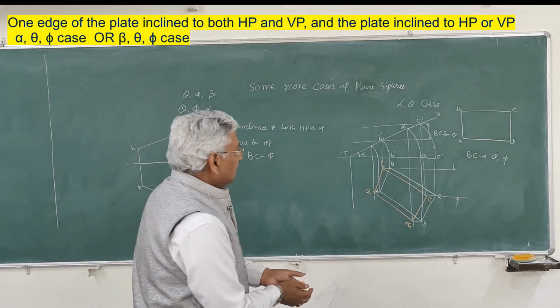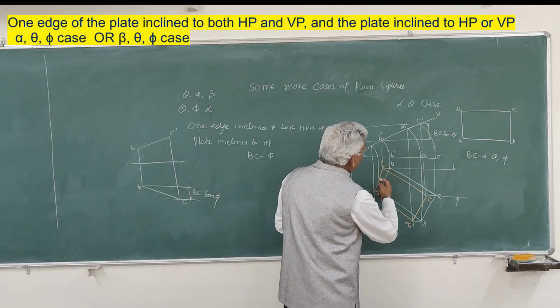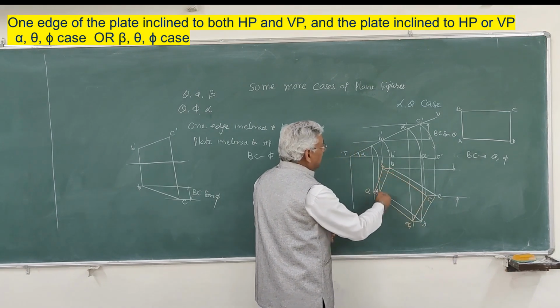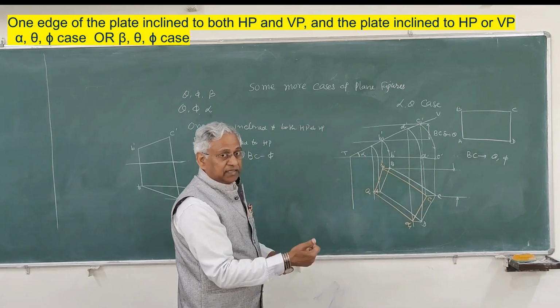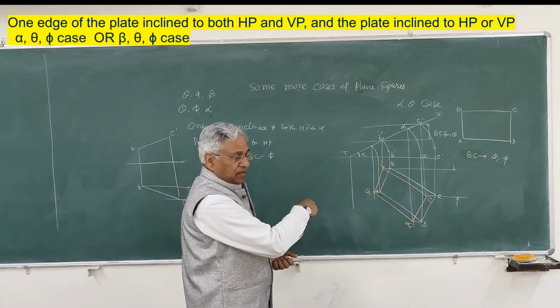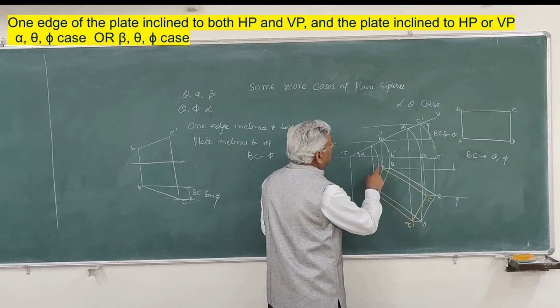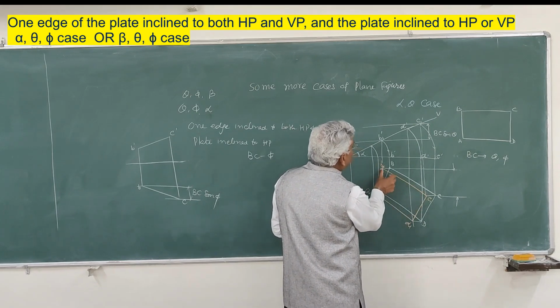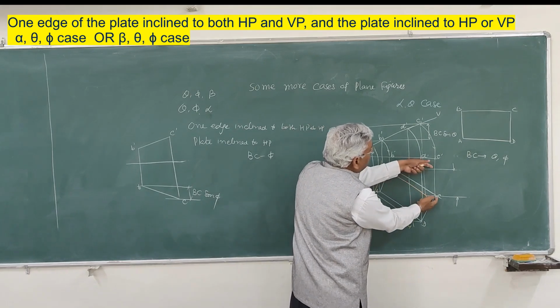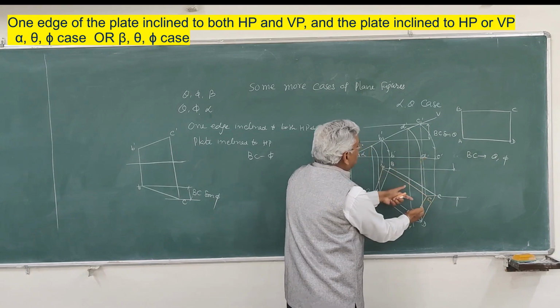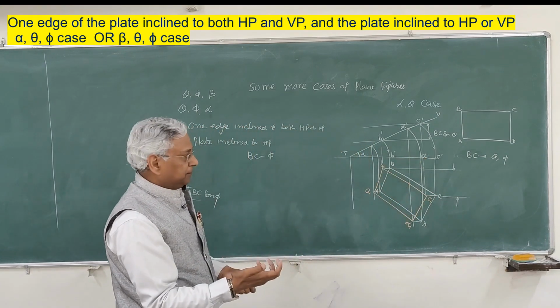So either you draw a semicircle here on B1 C1 and then take the BC sine alpha as I explained earlier, or you can redraw this plate, this plan, so that the difference between B and C is equal to BC sine alpha.